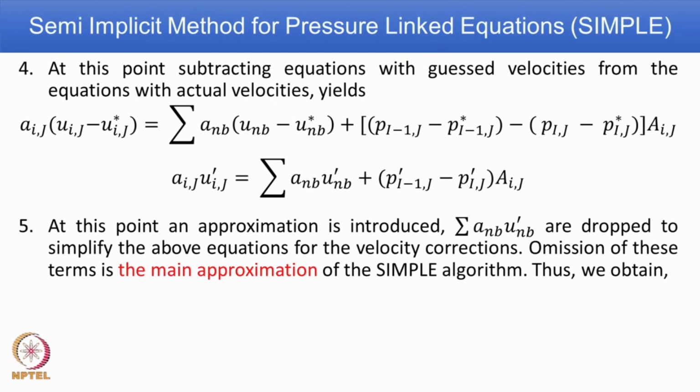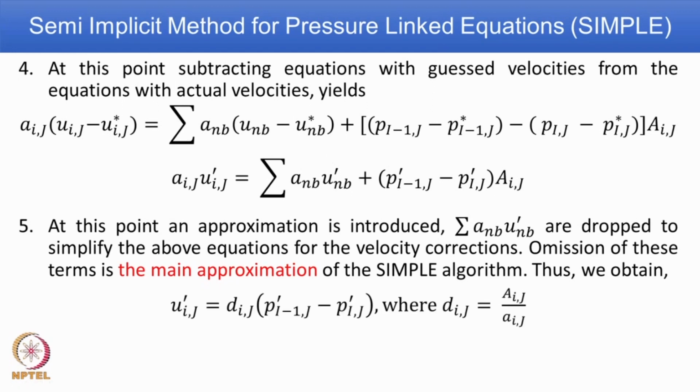So, once you drop this term, the summation of the neighboring node contribution, the resultant equation is shown here, and we take the coefficient A I comma j to the other side, and you define another coefficient d I comma j equal to A I comma j by A I comma j, and that is multiplying the correction in pressure.